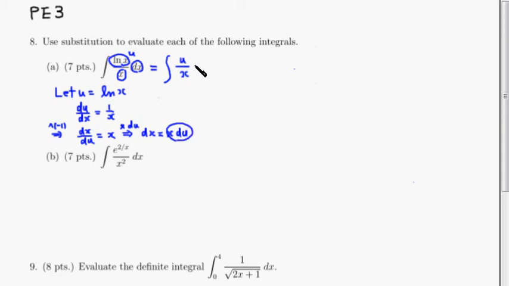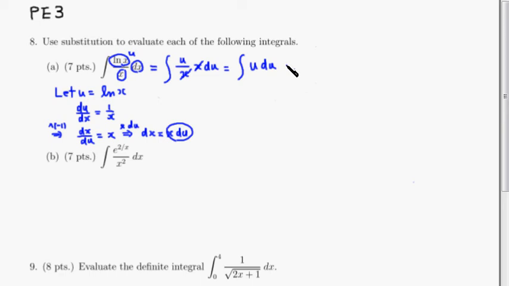So we put x du. Then we can cancel x here and x there. So you will get just the integral of u with respect to du.